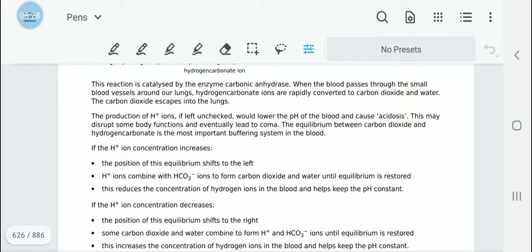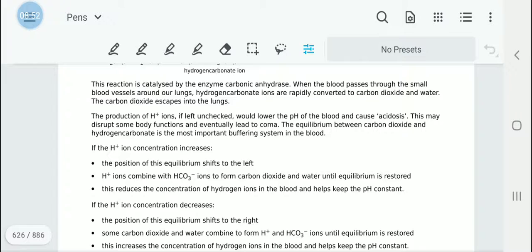So the production of H plus ions, the H plus ions will remain. If that is not controlled, then there would be a situation called acidosis, which will be an accumulation of acid, and that will lead to coma and death.